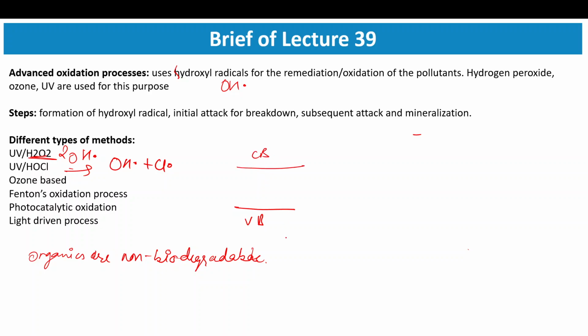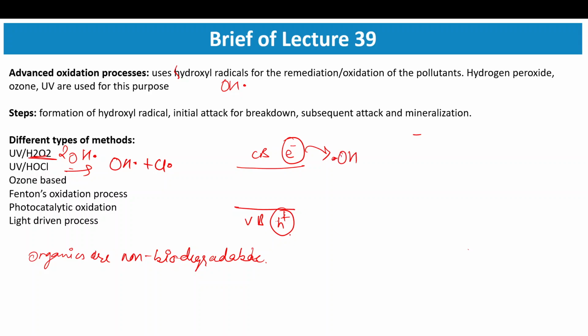Whenever the electron transfers from the valence band to the conduction band, there will be a hole formation here, and the electron gets transferred to the conduction band. Now this electron converts oxygen or water molecule to form OH radical.